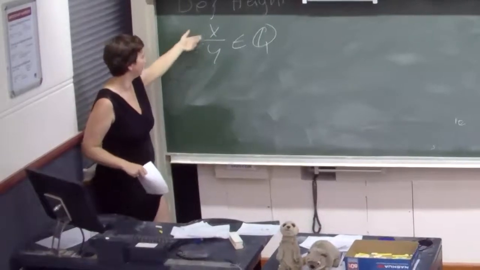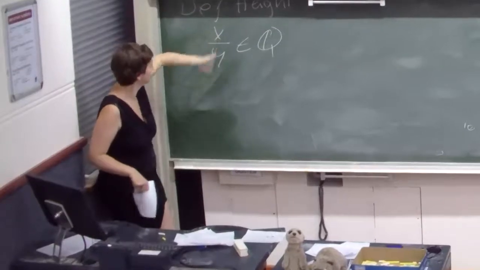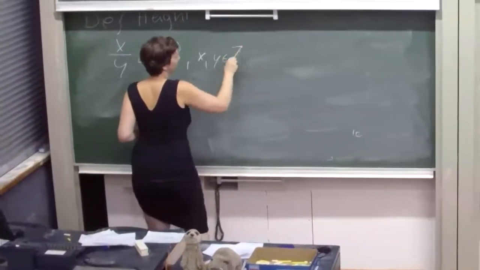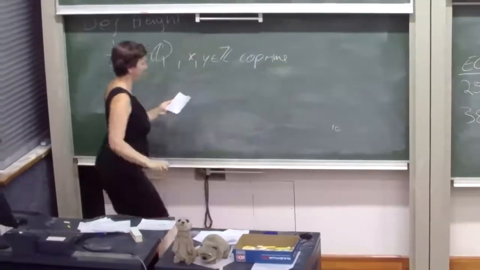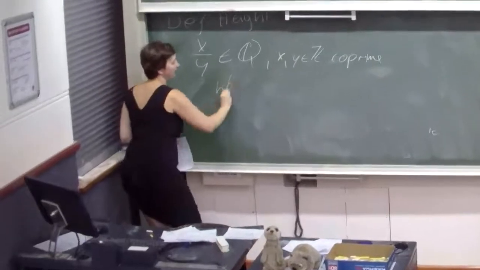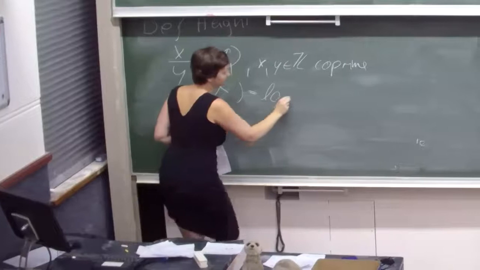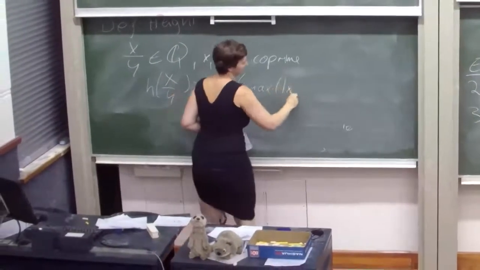That just means they don't have a common factor, and if they had one, we could just cross it out. And we define the height of x over y just as the logarithm of the maximum of the absolute values of the two.